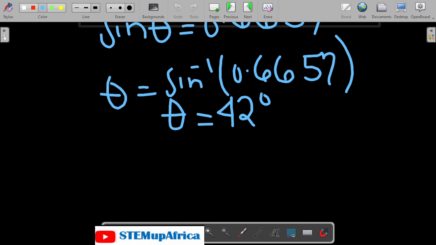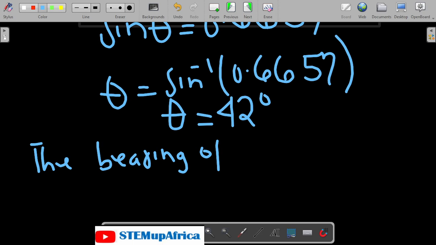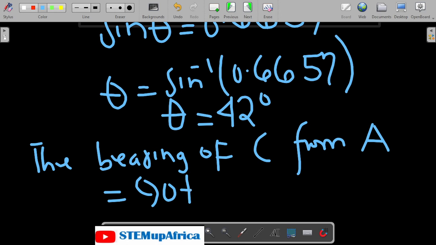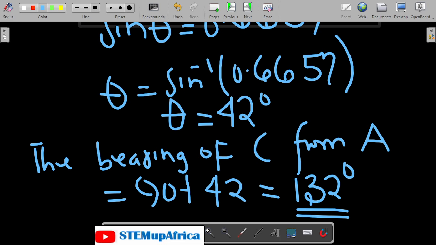Therefore the bearing of C from A will give us 90 plus 42, which is 132 degrees. That's simply the bearing. Let's go to question 4.